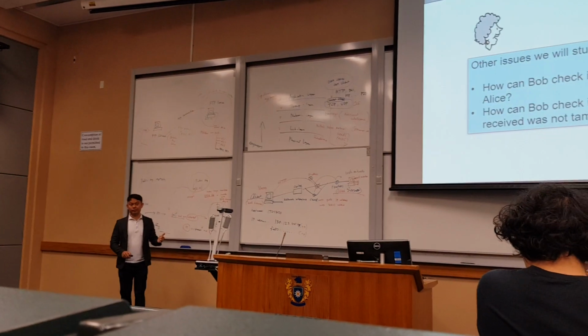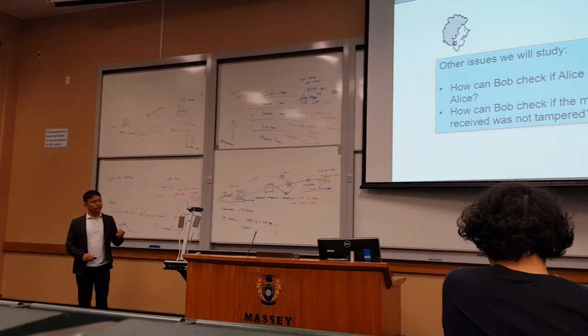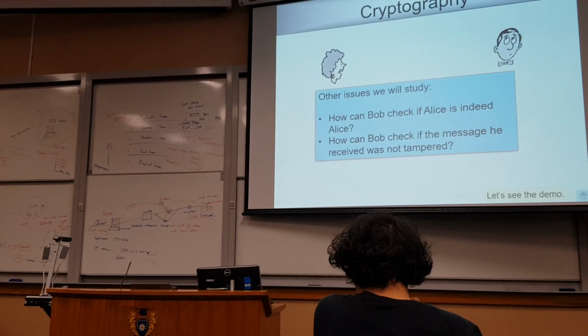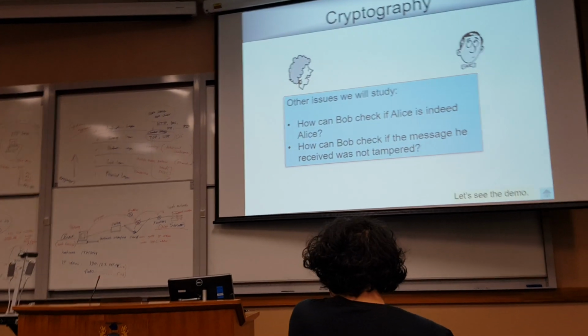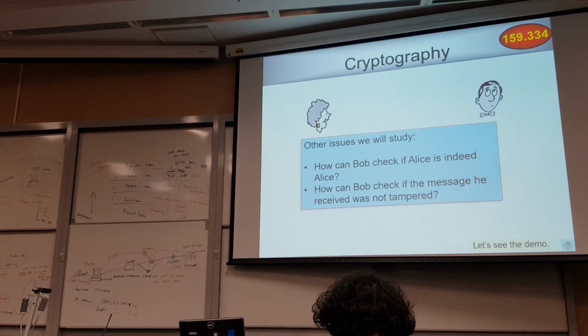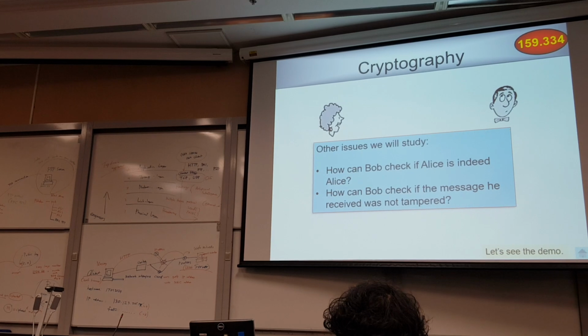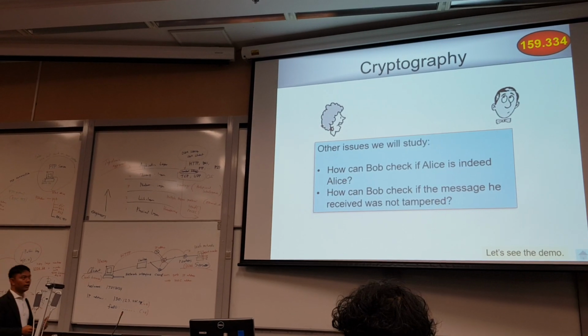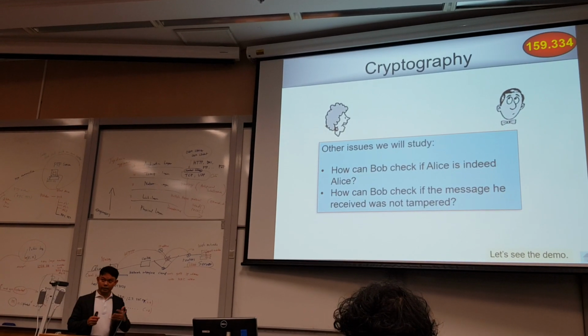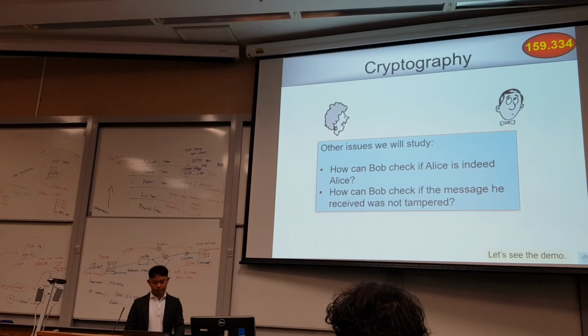That's what we call message integrity. So these issues: message integrity, secrecy, message authentication, user authentication, and so on and so forth. We will all solve these problems, and we're going to see how we can implement them in an email scenario, for instance.